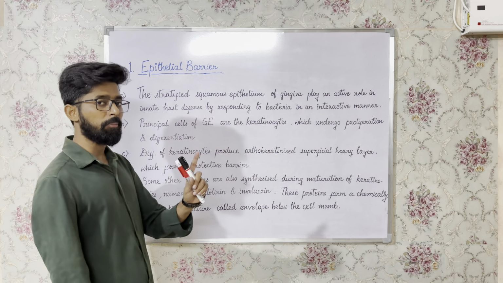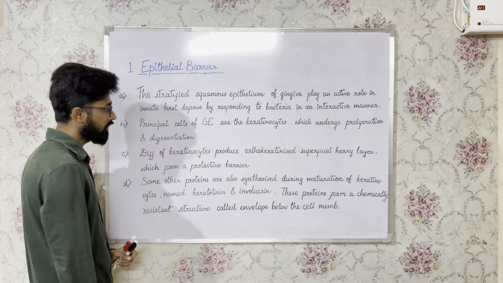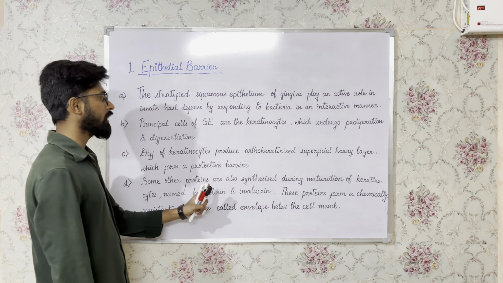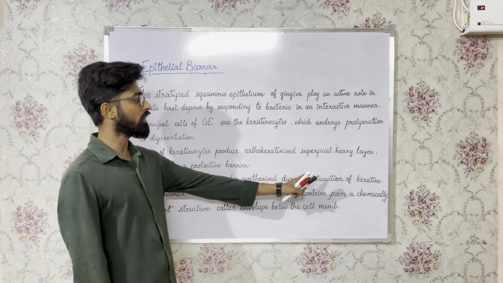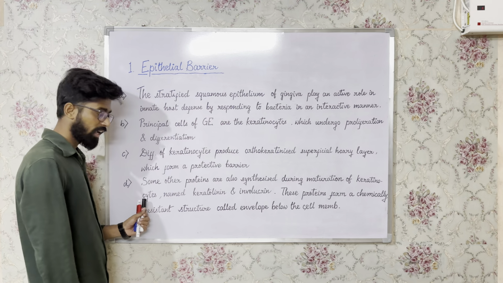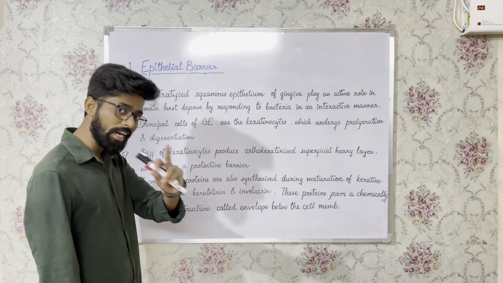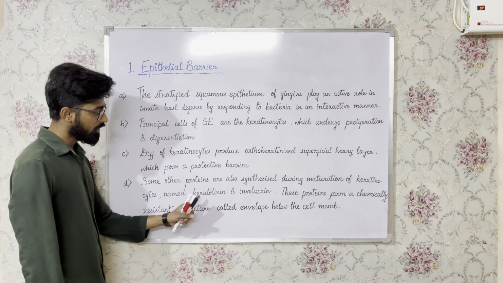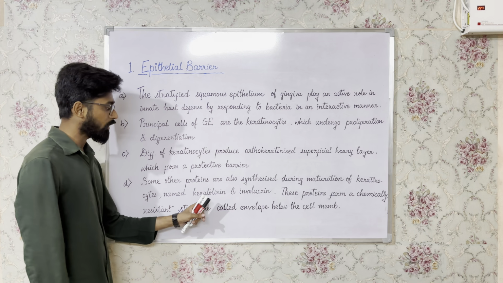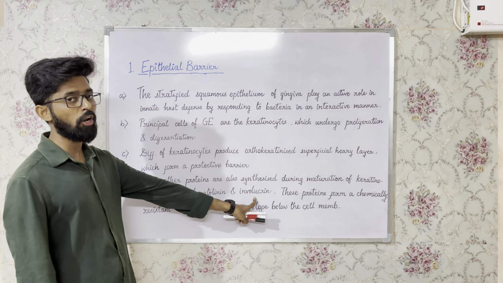Keratinocytes are involved in the production of keratin, right? But some other proteins are also synthesized during the maturation of keratinocytes. Okay, these proteins are non-keratin proteins, and the important ones are keratolinin and involucrin.